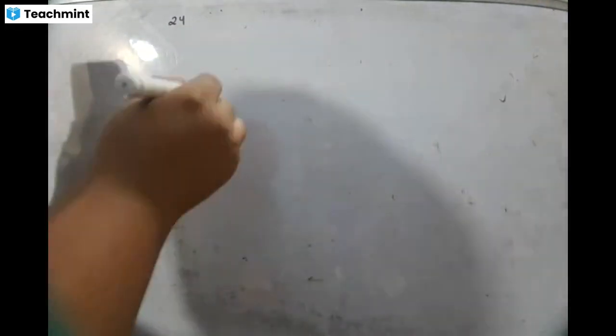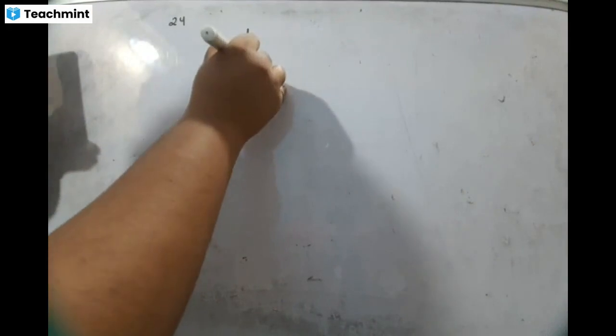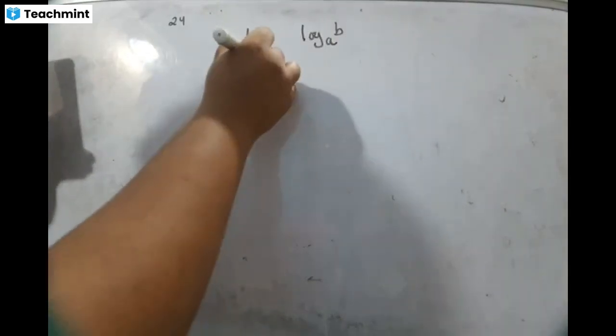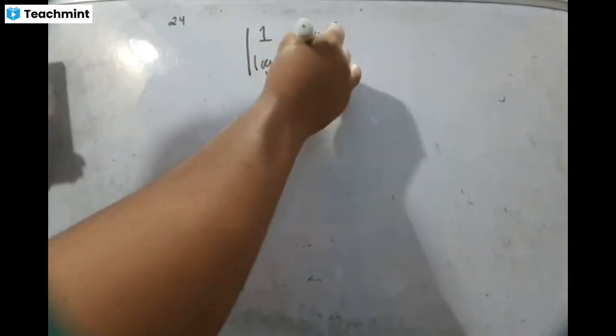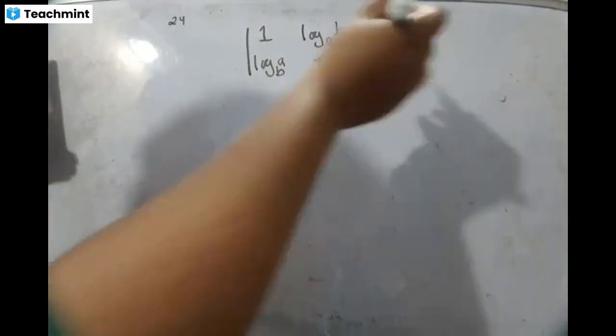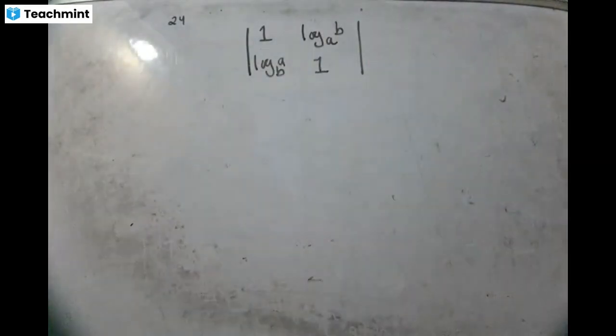Everyone look at the board. Determinant with 1, log b to the base a, log a to the base b and 1, and four options were given. So this can be done easily.